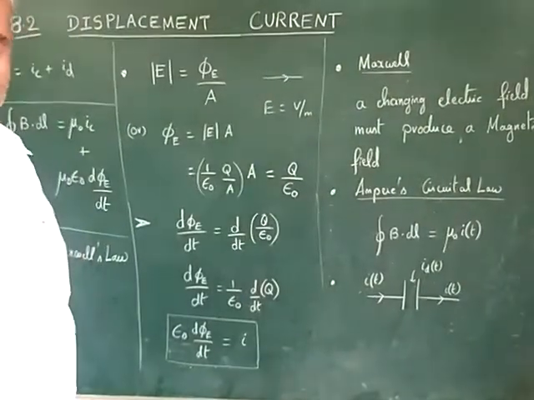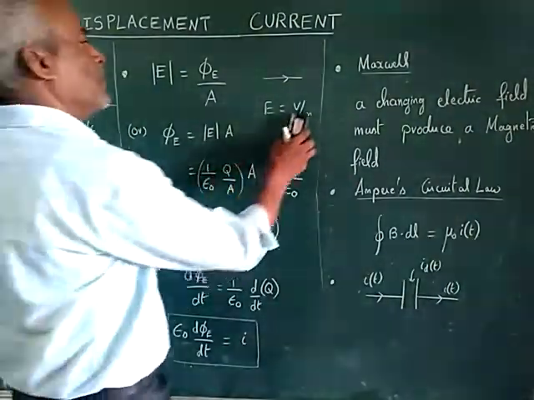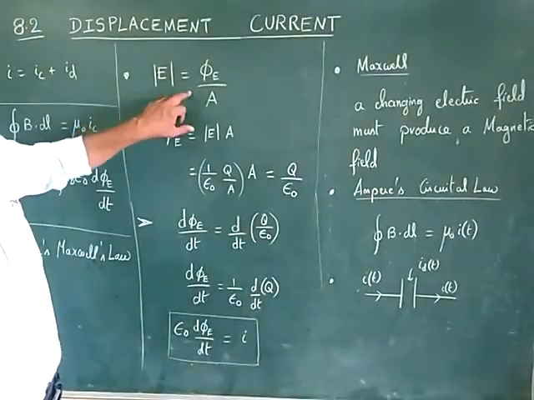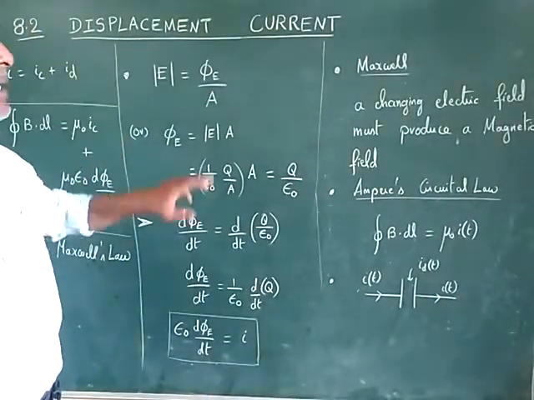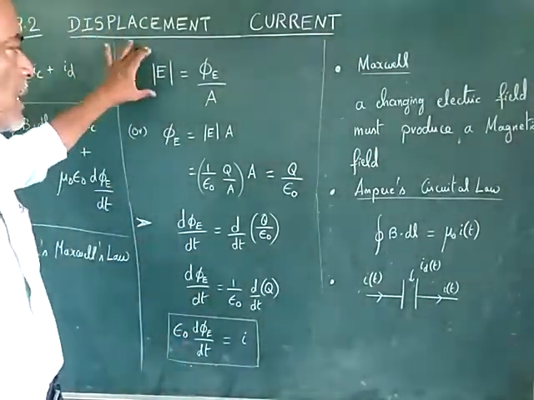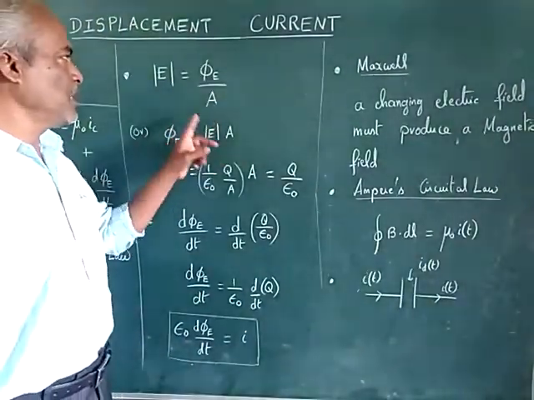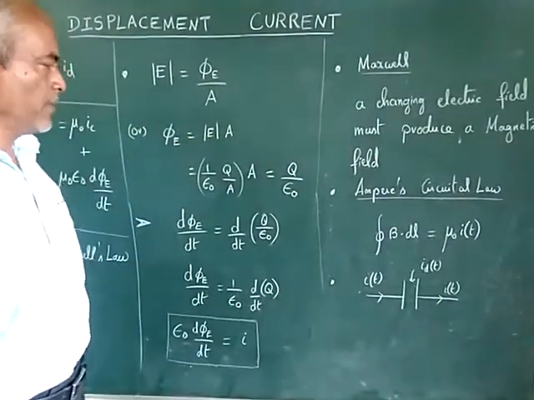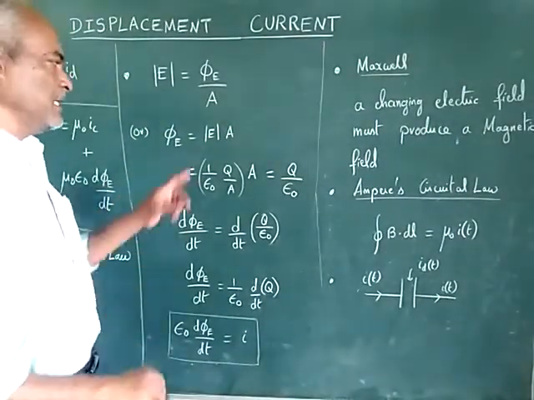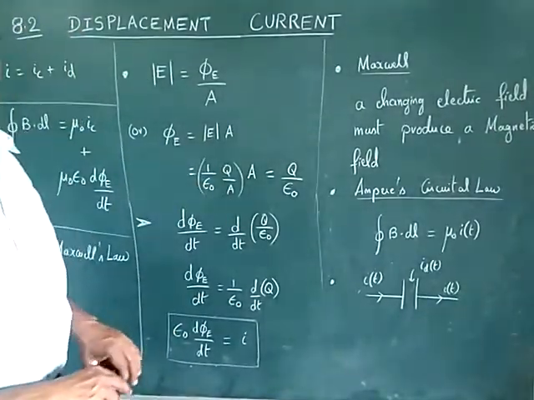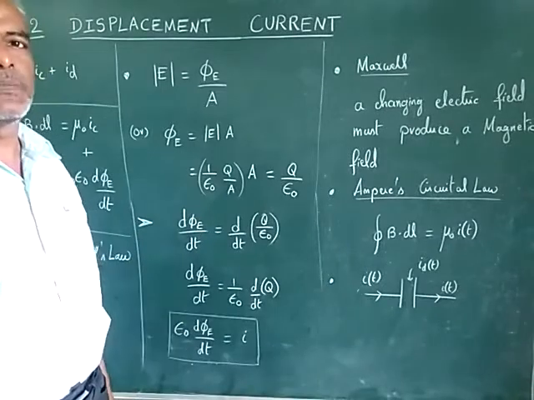Now coming back to our analysis, we have already seen that electric field is electric flux divided by area. Now we consider the magnitude. Therefore phi E is equal to electric field multiplied by area. We have already seen that electric field is given by 1 by epsilon naught Q by A, where epsilon naught is the permittivity of free space.